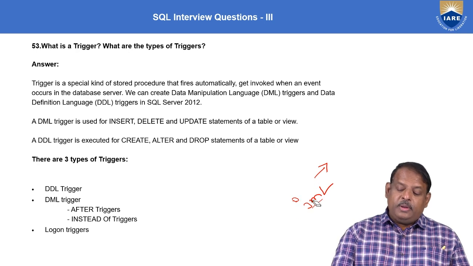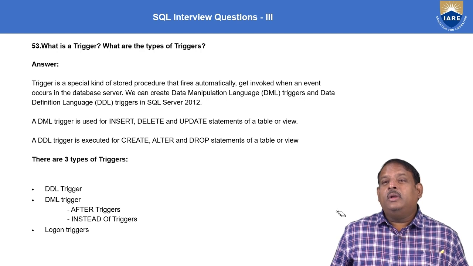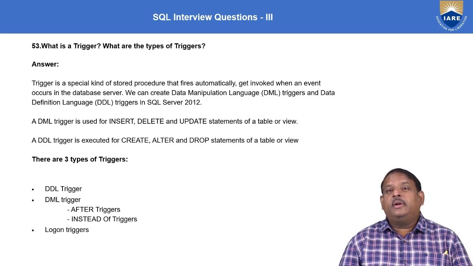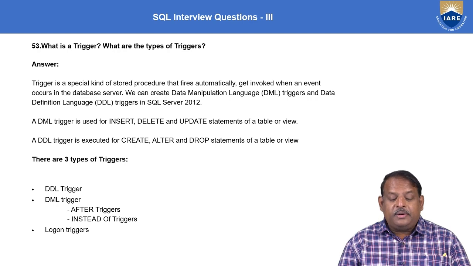So triggers will be invoked automatically. You cannot call the trigger to make it work, so it's always linked to the event. In this we have the DDL triggers and DML triggers. Again, in DML we have after or instead of.